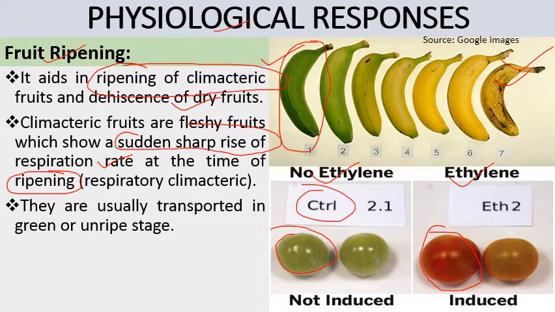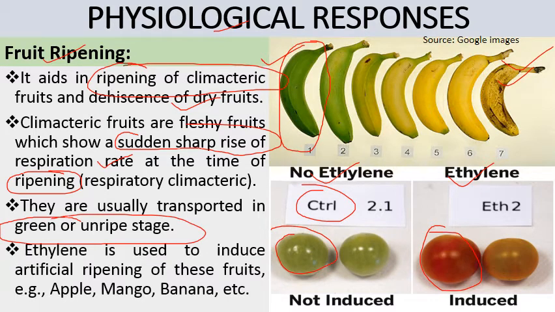They are usually transported in the green or unripe stage, and ethylene is used to induce artificial ripening of these fruits. For example, apple, mango and banana are examples of climacteric fruits. And there is one chemical named ethephon, which is used for the ripening of fruits.